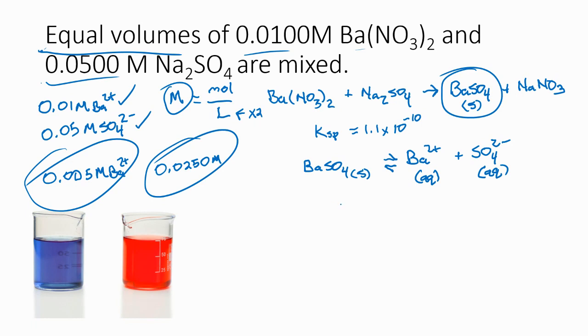Let's talk about QSP. QSP equation or expression would be written just like a KSP expression, but it's just meant to be not at equilibrium. It's called the reaction quotient. And instead of plugging in X and X, I'm going to plug in my known concentrations.